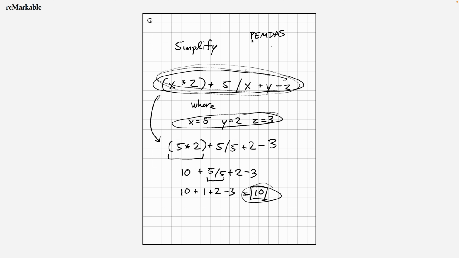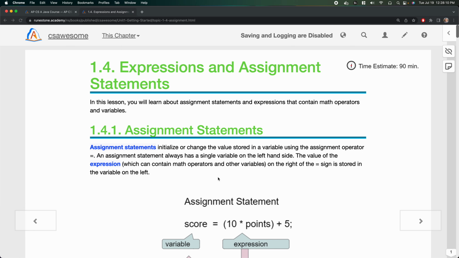If it didn't, go back, Google Khan Academy PEMDAS, and you'll get an explanation that sounds a lot like what I just did. I've been told that my voice sounds kind of like the Khan Academy guy. So if you want basically the exact same video, Google PEMDAS on Khan Academy. Anyways, Java, expressions and assignment statements.